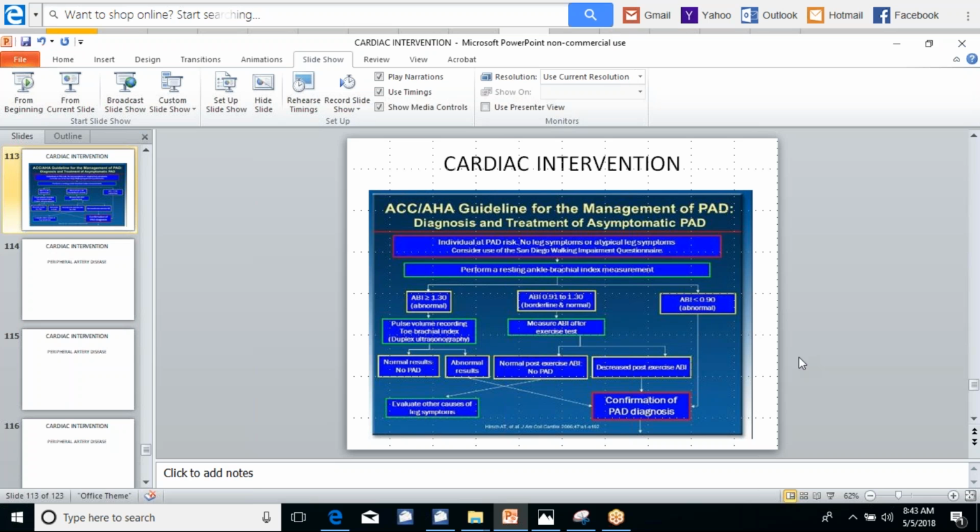So we have looked at peripheral artery disease using PVR and ABI to assess these patients. We know what the normal waveform looks like. We know what the abnormal waveform looks like. And then we have general guidelines to take care of these patients. What we're going to do next is look at ultrasound, duplex ultrasound, to evaluate these patients.